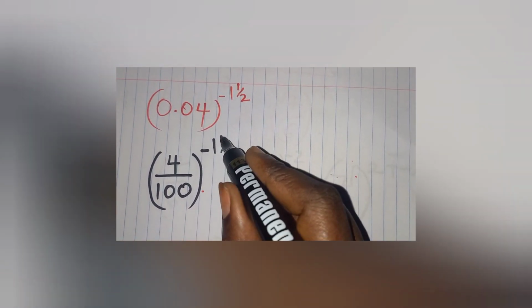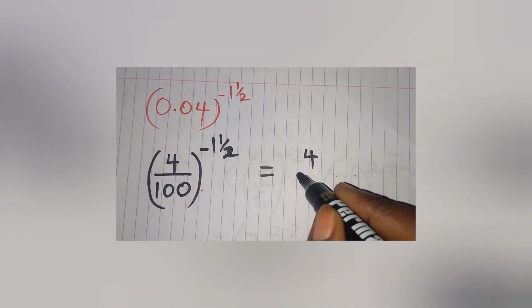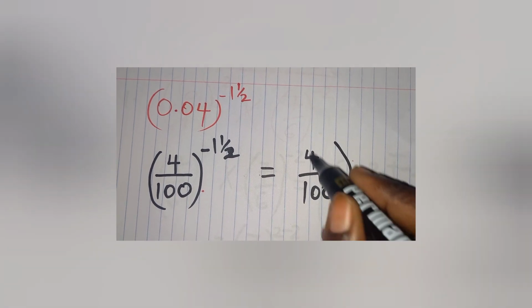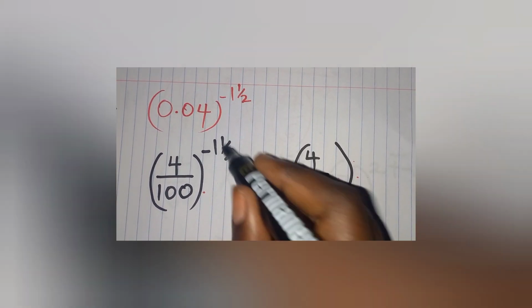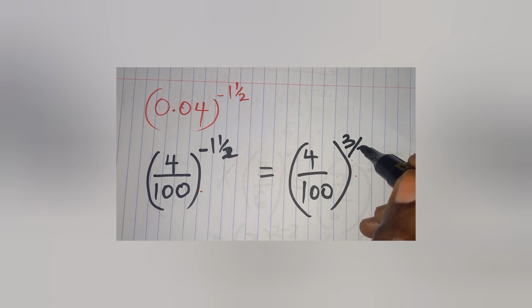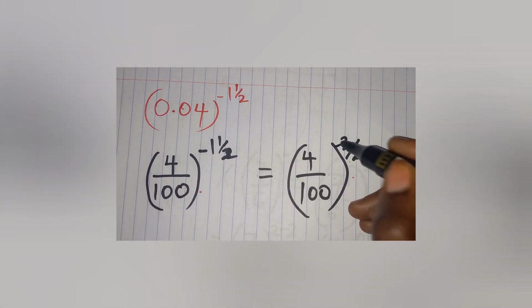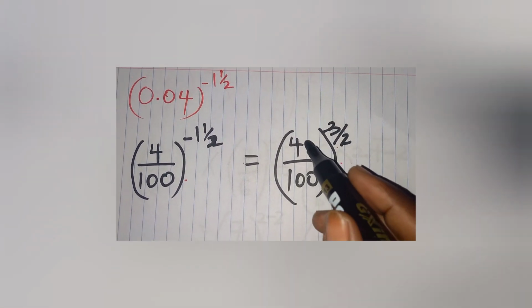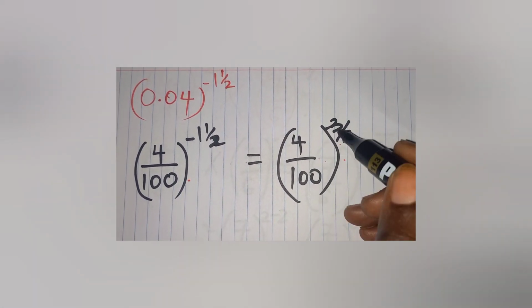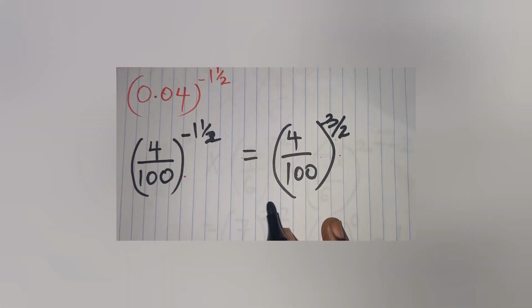We'll change this mixed number into an improper fraction, which is 3 all over 2. That's still a negative. So this is (4/100) raised to power negative 3 all over 2.